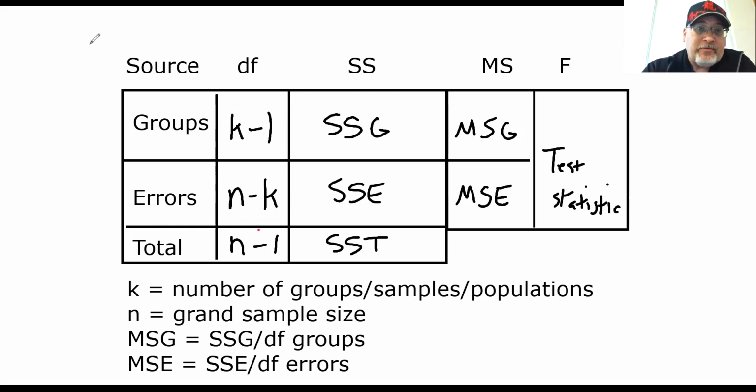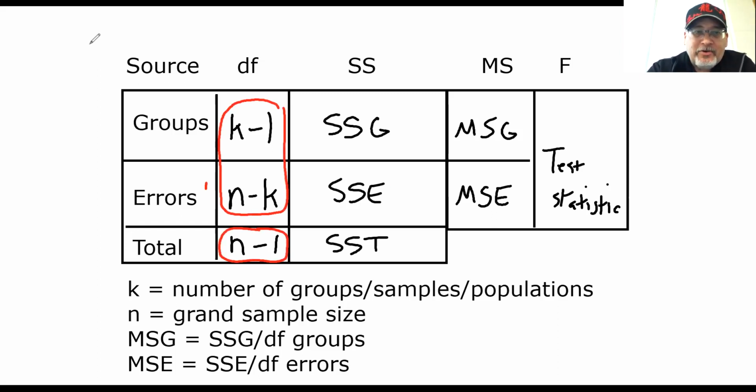And then the total degrees of freedom is n minus 1. Now, we really don't need the total degrees of freedom, as you're going to see in a moment, but the reason it's there is because sometimes you'll know 2 of these 3 degrees of freedom, but not the 3rd one. What you'll notice about this column is that it's additive. What does that mean?